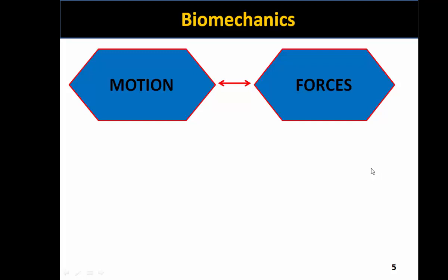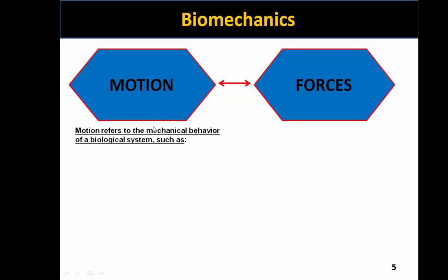So this slide here, I think, nicely summarizes the two major branches of biomechanics. So when you think biomechanics, the first thing that I would recommend and that should come to mind are two words: motion and forces. So we'll start on the left-hand side.